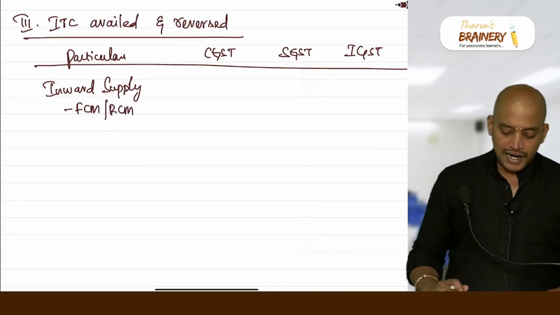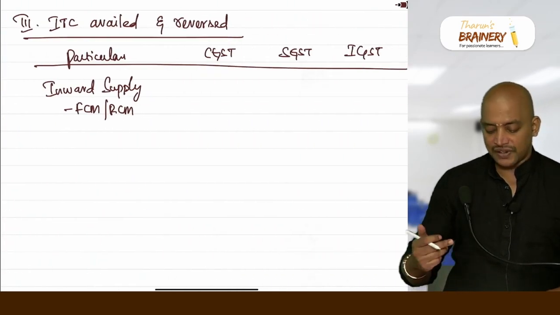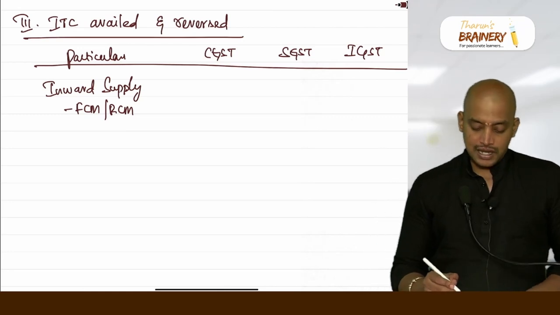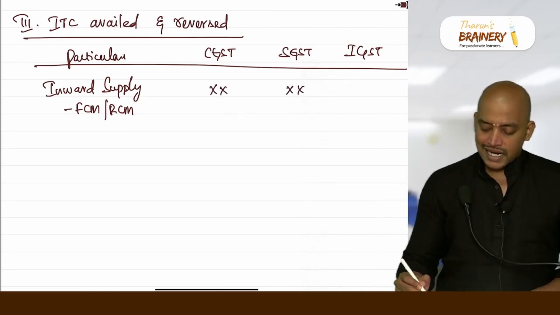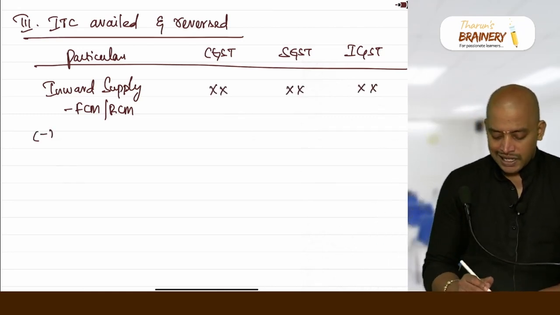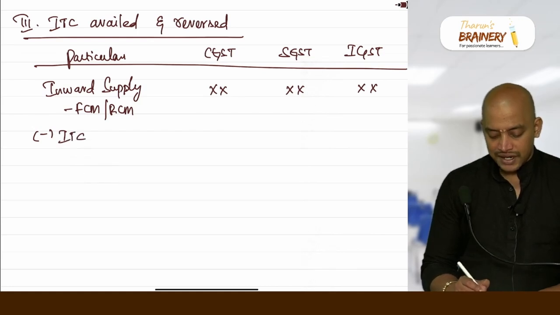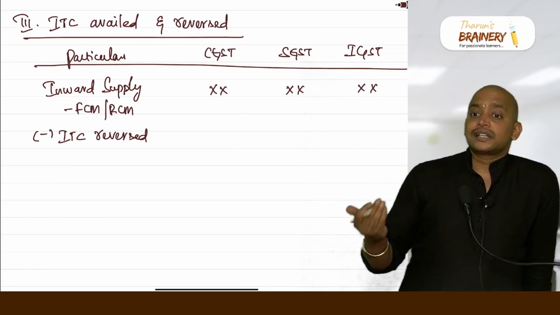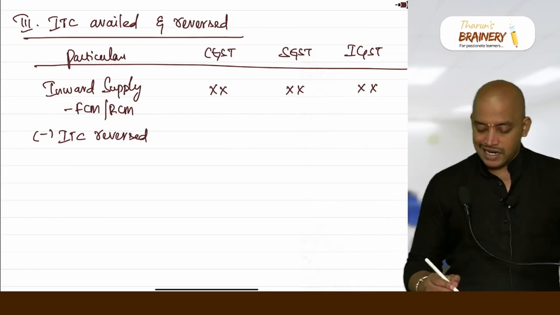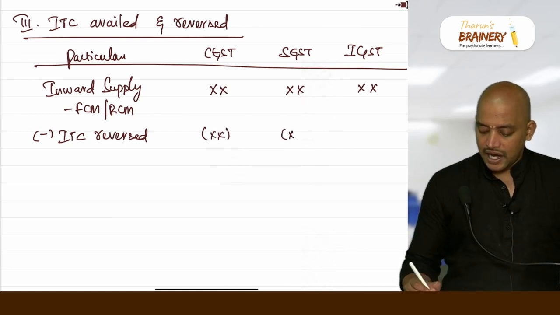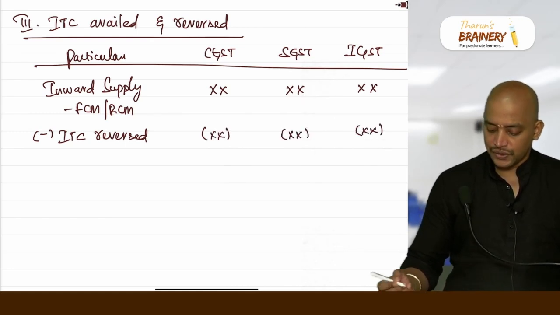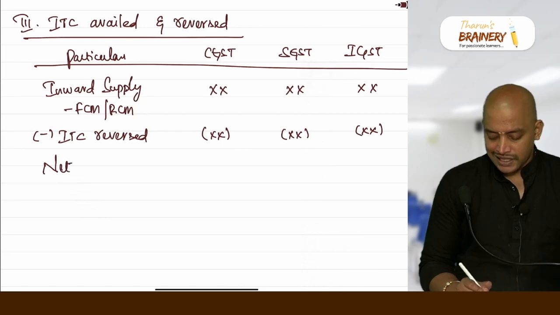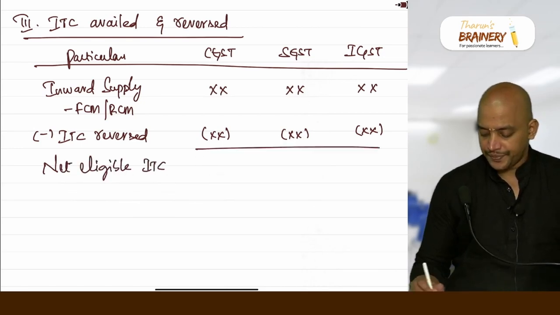Already it is there in the second statement, so the same thing will come here again. This will be called ITC availed minus ITC reversed. What is this ITC reversed? Sometimes the proportionate credit is related to exempted supplies, which you need to reverse, or for any reason you need to reverse the ITC. Remaining is known as net eligible ITC.